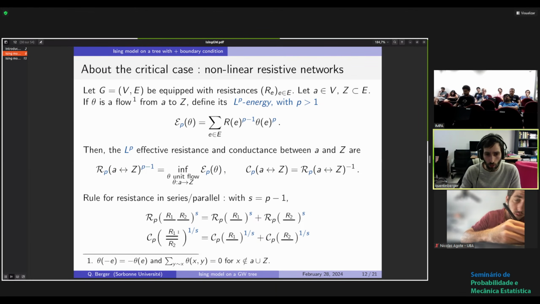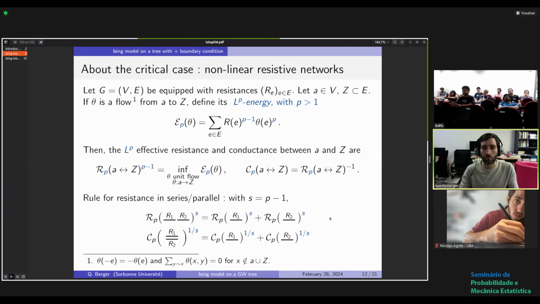Another convenient parameter to write is P minus 1, call it S. So if you put two resistances in series, it's not the sum of the two resistances, but you have this power S that you have to put there. If P equals 2, you recover the rules that you know, meaning that S is equal to 1.